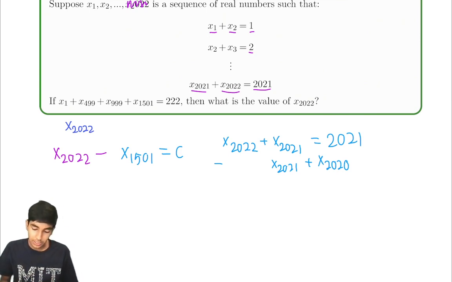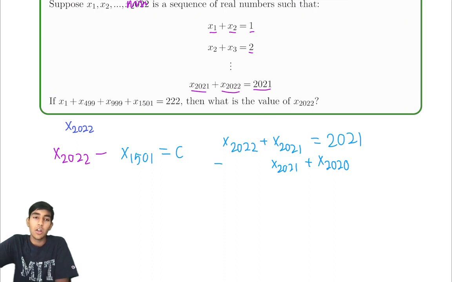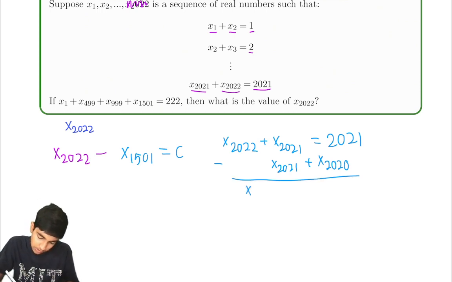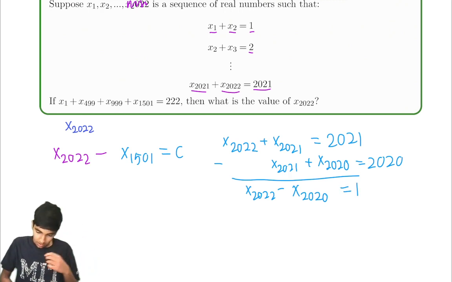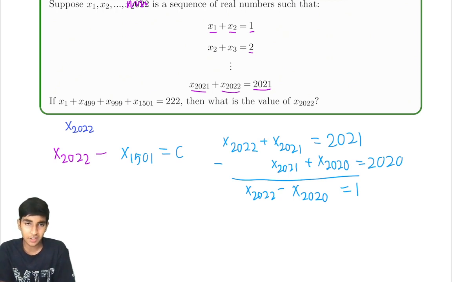So that's equal to 2020. We subtracted those expressions, we're going to get x of 2022 minus x of 2020 is 1. Okay, that's cool. So that gives us one property that maybe is useful, but that's not enough to find this quantity we're looking for, c.